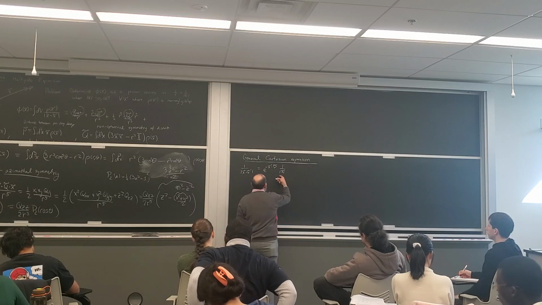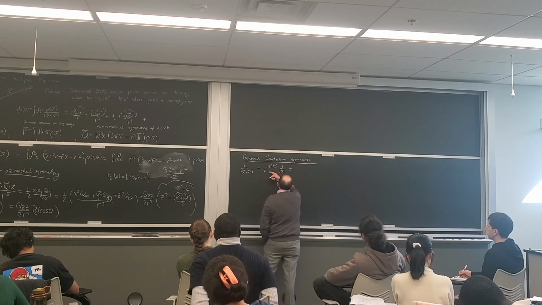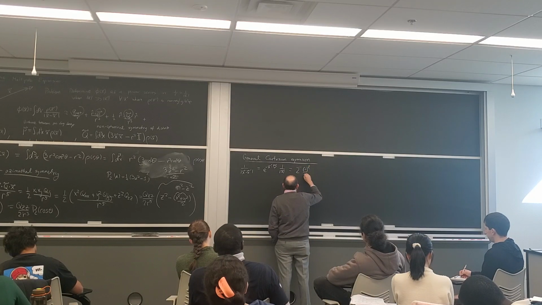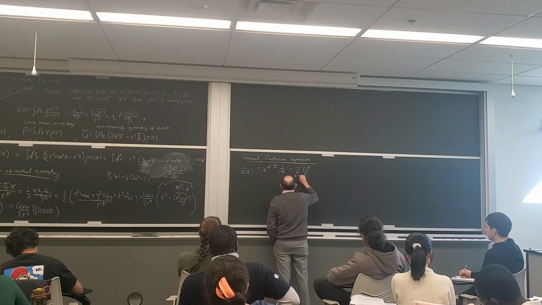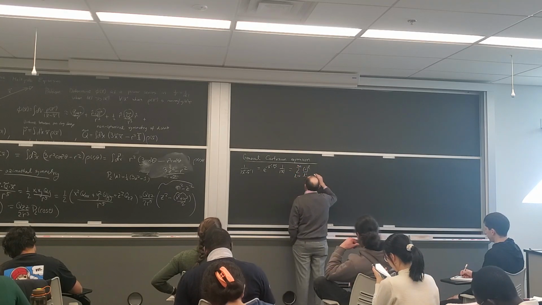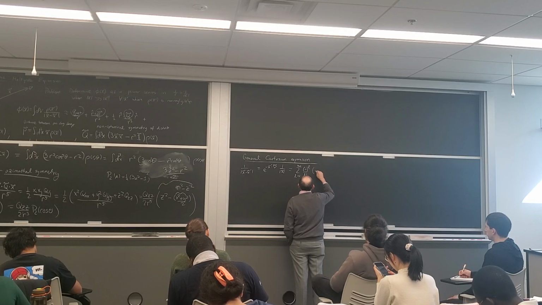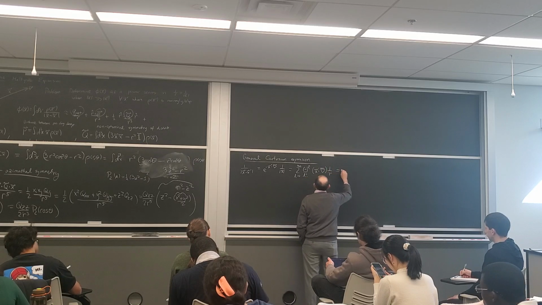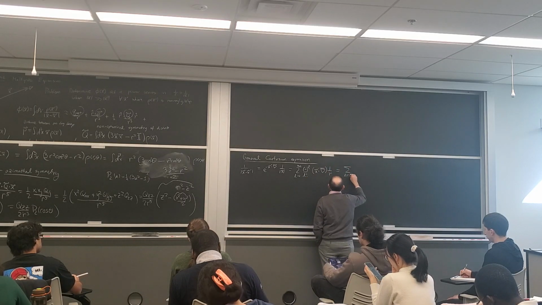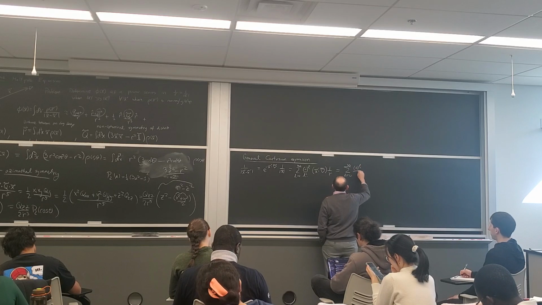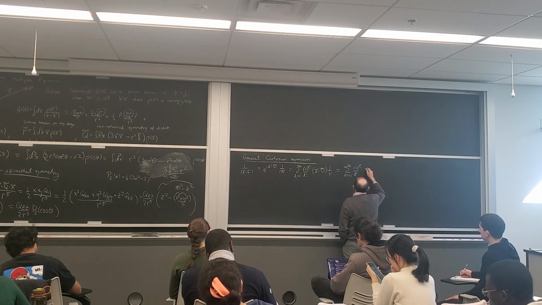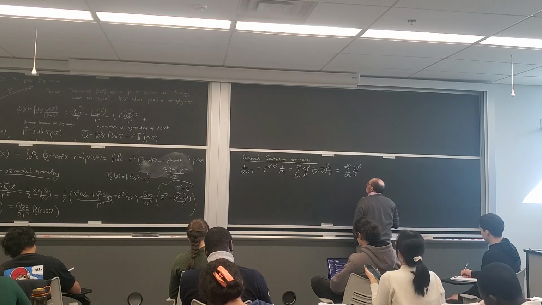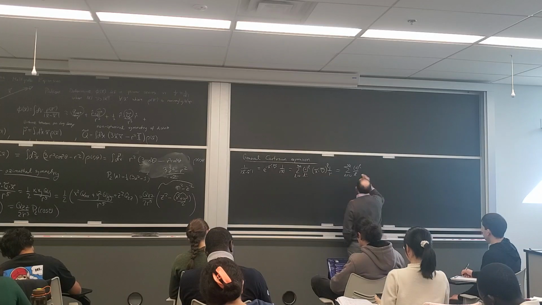Okay, and this is 1 over r. And then I just write the Taylor series expansion for the exponential, and then, to the power L. And then I can write this out.